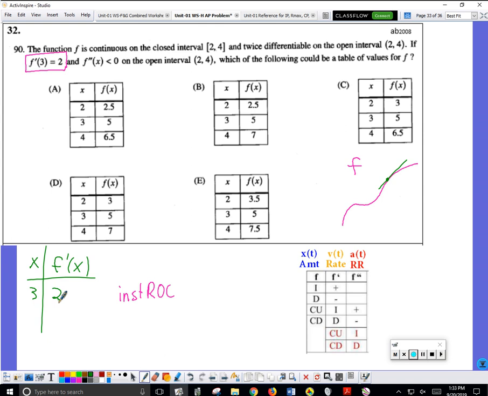If they say the function f is twice differentiable, they're talking about f. They're just telling you that from f you can derive f prime and f double prime. If they say the following is the second derivative of f, now they're giving you f double prime. Is that what you meant?